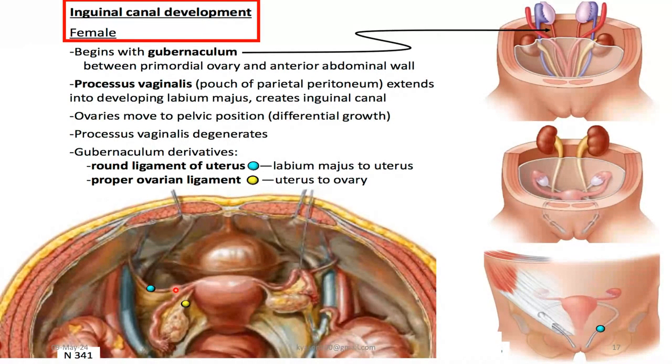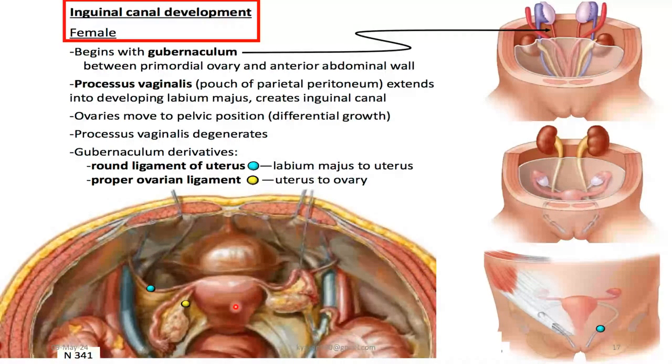It's a very important ligament that will help in maintaining the normal anatomical position of the uterus. We know that the uterus is normally bent anteriorly over the urinary bladder, and that bend is created by the pulling action of the round ligament of the uterus.